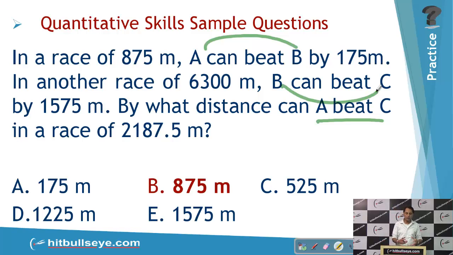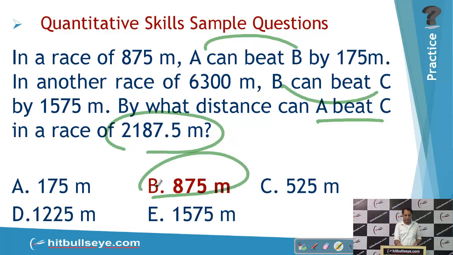So if you can link A, B and C and find the ratio of the distance which they will run in the same time, it gives us some clue to begin with. So A is to B is to C is what you have to find. Once you do that, then it's a pure application of the unitary method. So you can possibly figure out that if A travels this much distance, in the same time C travels this much distance. The difference of the two is the answer, which in this case is option B, 875 meters.